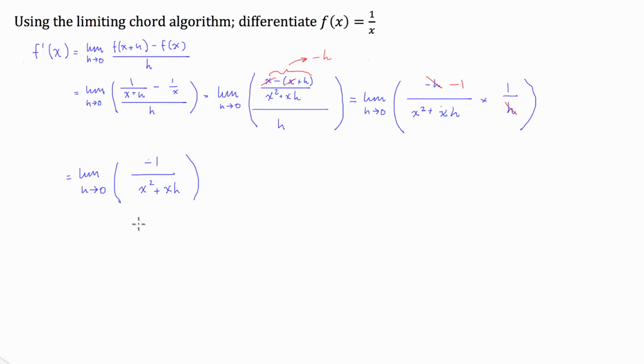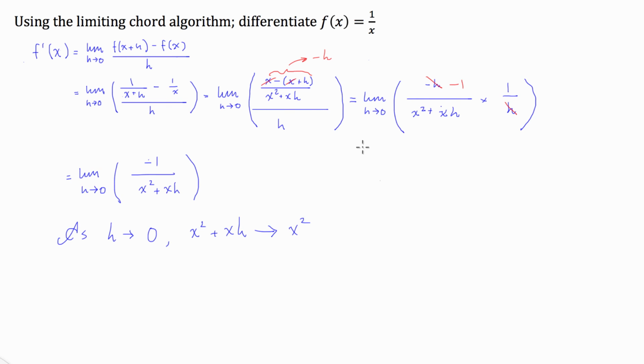Now, once we've done that, we can then start fiddling around with the limit. So we're going to take the limit as h approaches 0. So as h approaches 0, x squared plus xh is going to approach x squared.